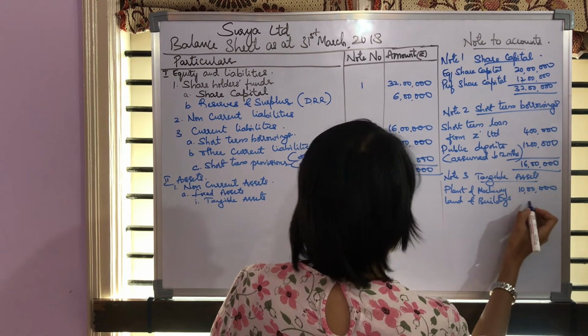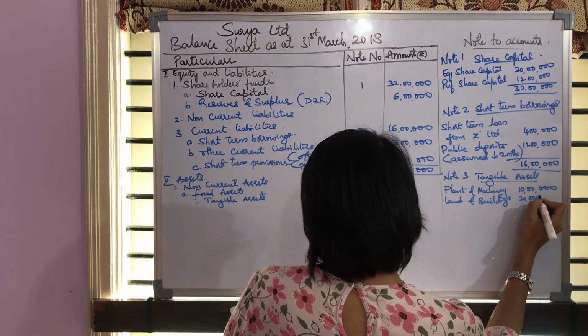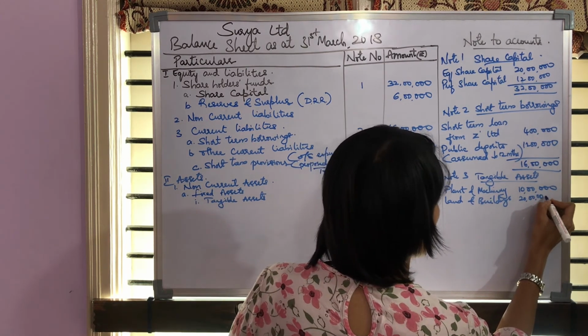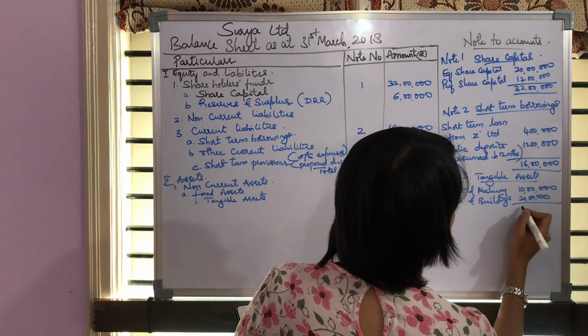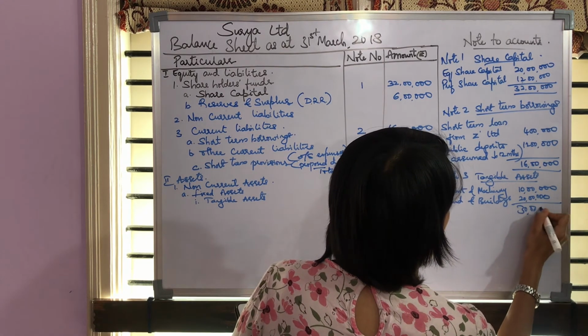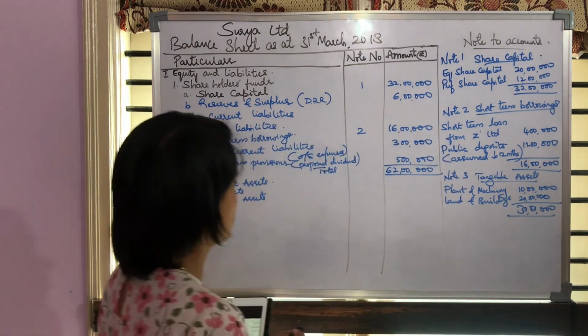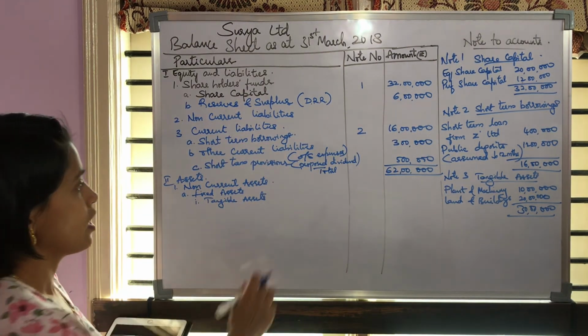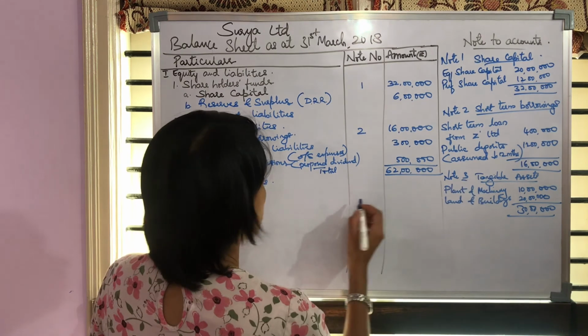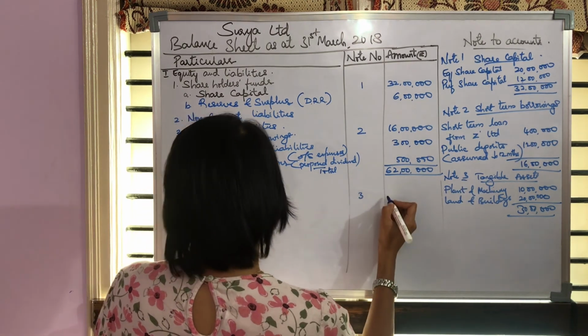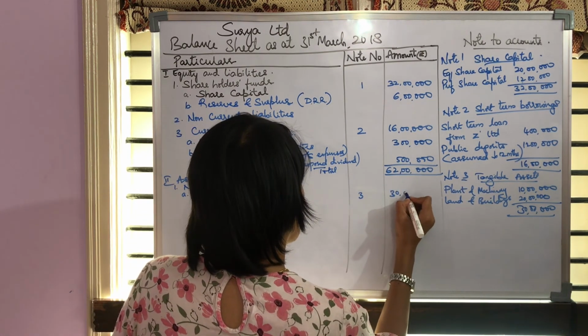Land and buildings 20 lakhs. The total is 30 lakhs. So we'll come back to the format. Under tangible assets, note number 3, amount rupees 30 lakhs.